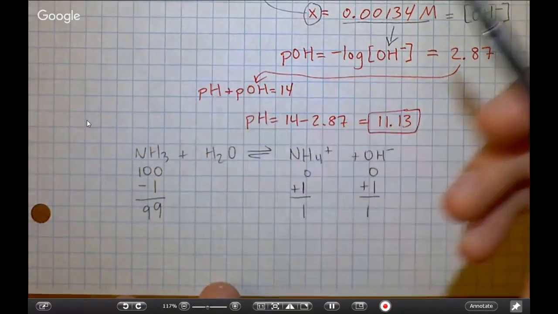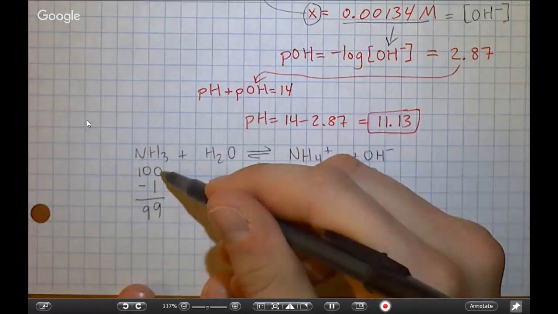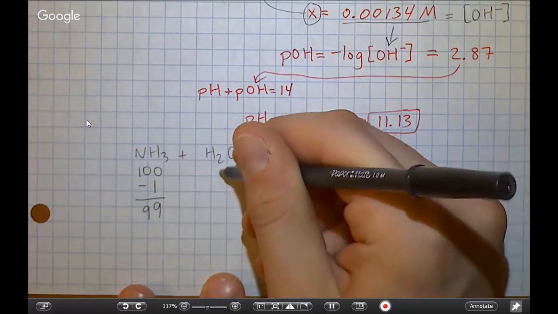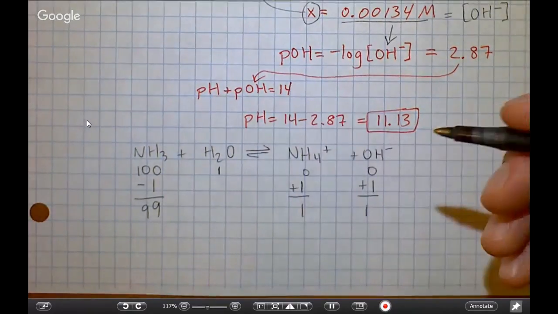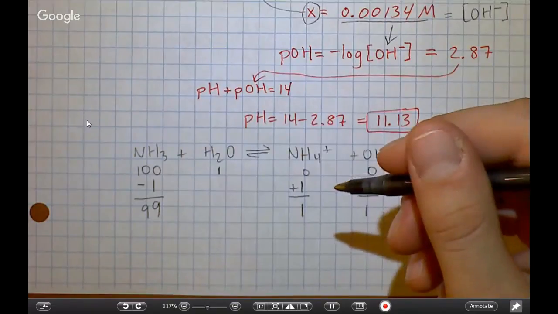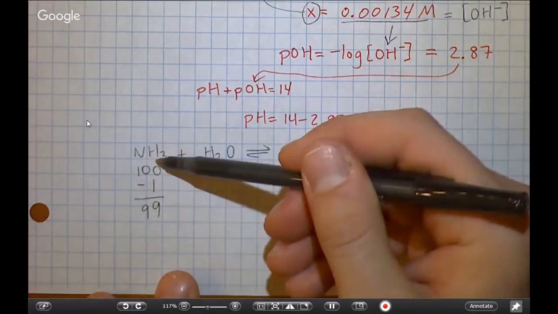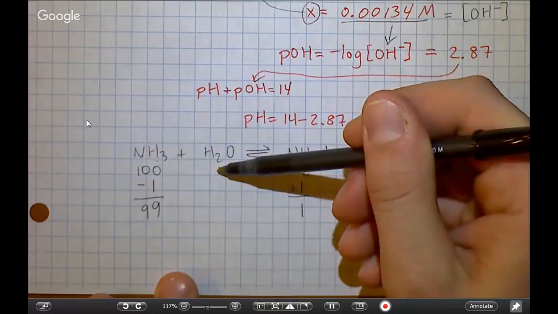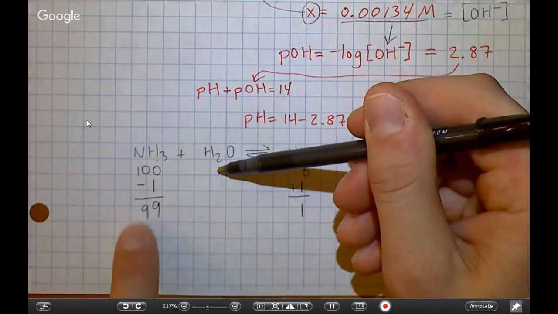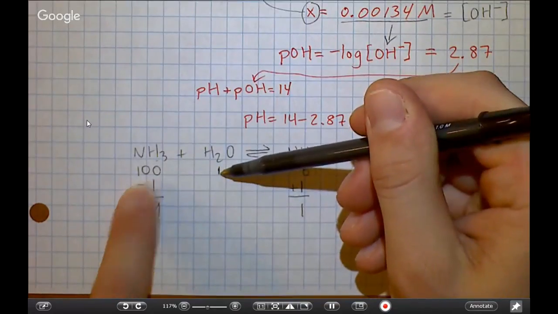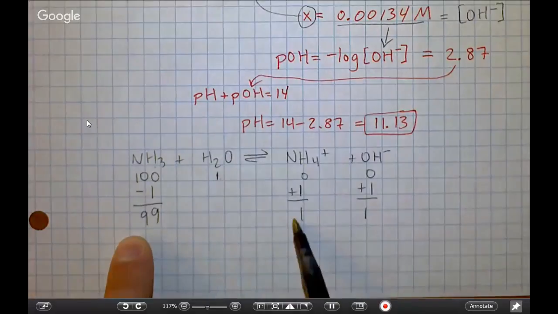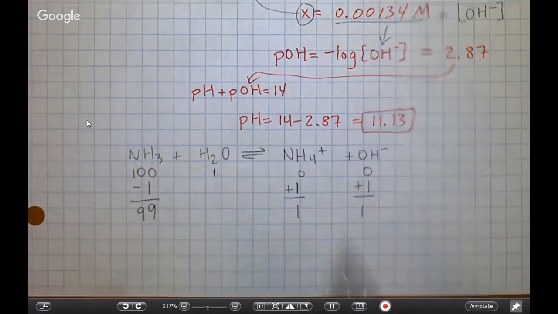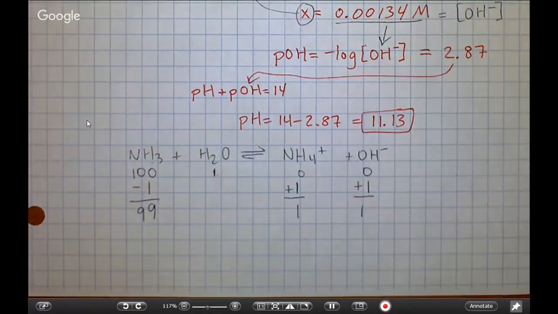Because one thing I didn't mention yesterday, you have 100 of ammonia, and if I lose 1 ammonia, it reacts with 1 water. So 100 plus 1 is 101, 99 plus 2 is 101. So we're still conserving the amount that we have there, but water's concentration is constant, so we don't include it in the expression.